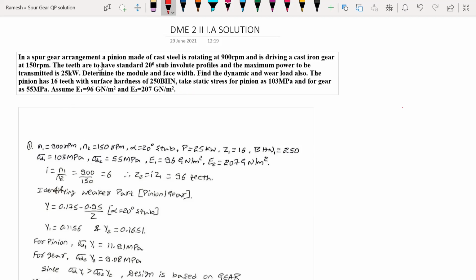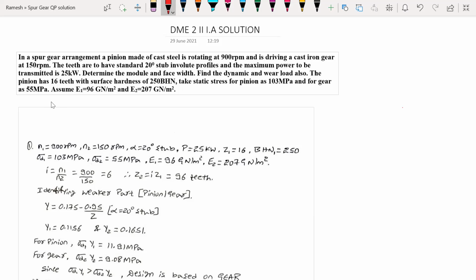The teeth are to have standard 20-degree stub involute profile. Therefore, he has given the angle alpha. Alpha is equal to 20-degree stub involute profile, and the maximum power to be transmitted is 25 kilowatt. Therefore, P is given as 25 kilowatt. Determine the module.